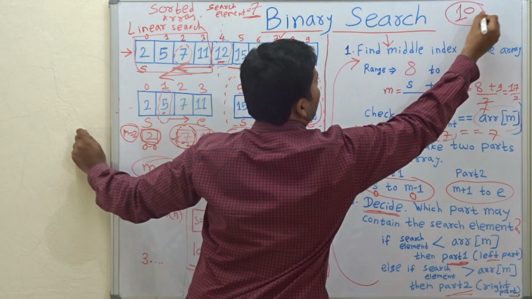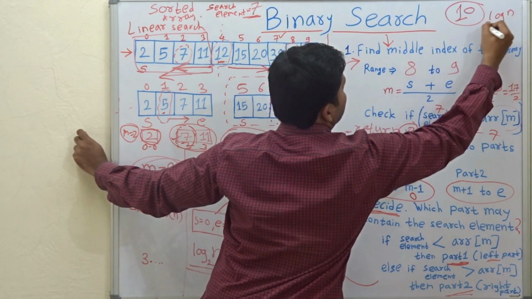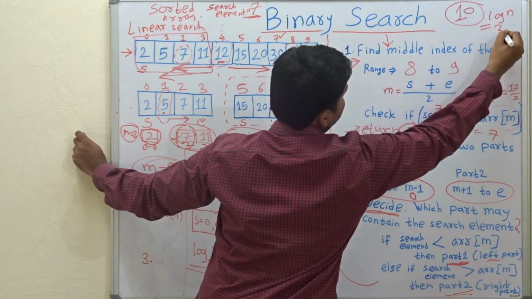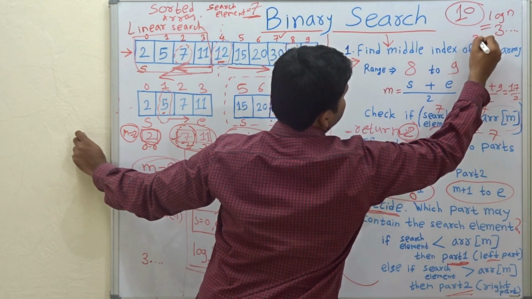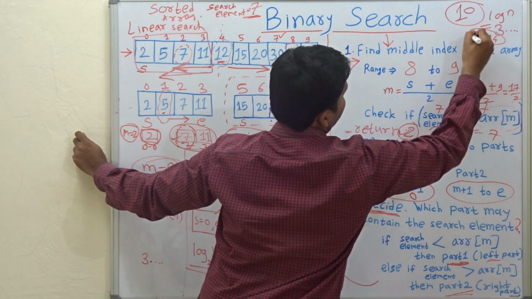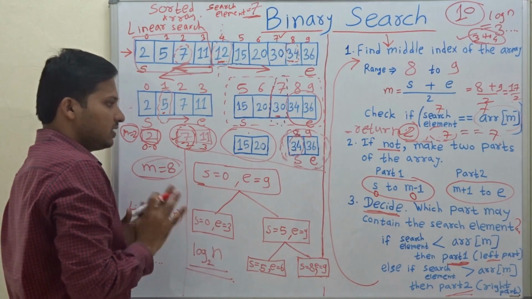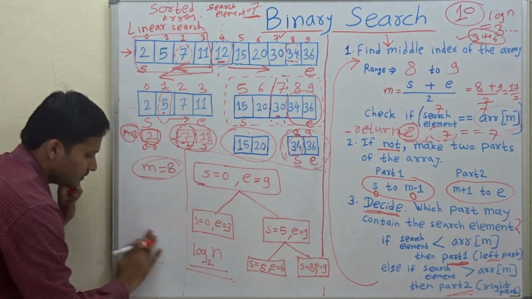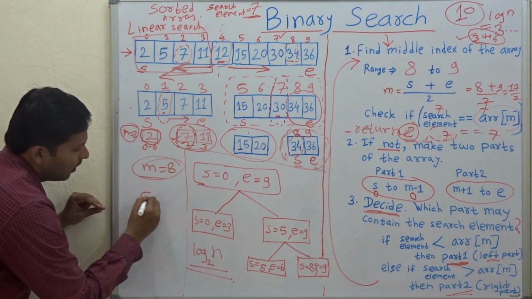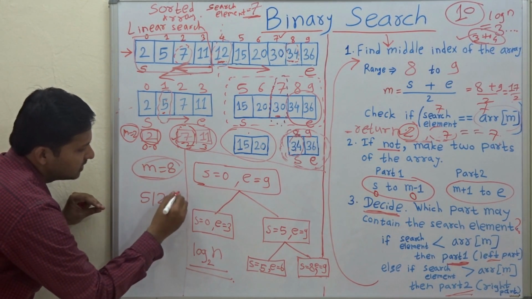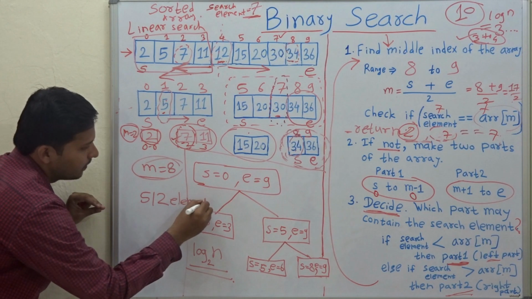So log n is about 3 point something, that is 3 to 4 memory accesses. But suppose there are 512 elements inside an array.